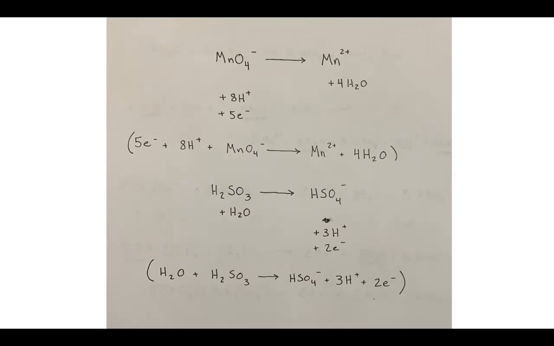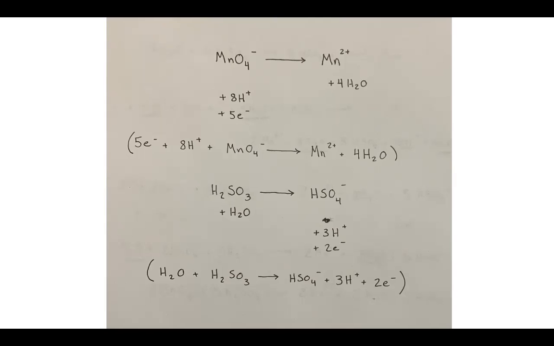Okay, and we look at the reactant side, it has a +8 charge from the protons, but permanganate also has a -1 charge, which means the total charge on the reactant side is +7. Okay, and so to go from a charge of +7 to +2, we basically add 5 electrons to the reactant side to balance that charge.